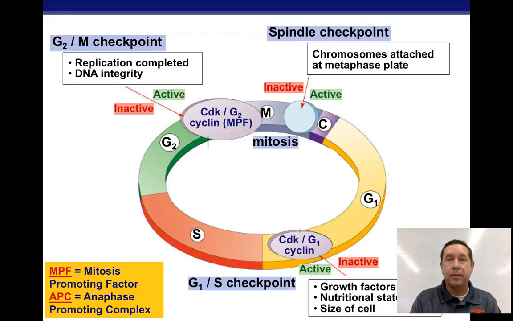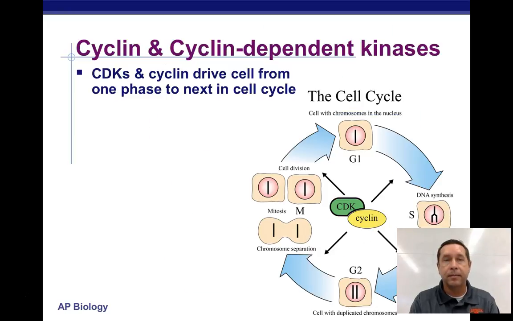And then at the spindle checkpoint, the cell makes sure the chromosomes are all attached at the metaphase plate. They're lined up, there's a spindle fiber attached to each of the chromosomes, and it's ready to go through the various stages of mitosis. And then the cell goes through cytokinesis after mitosis. So CDK-cyclins drive cells from one phase to the next.